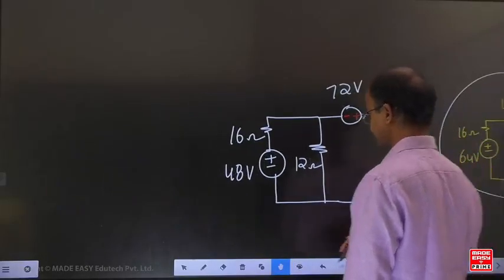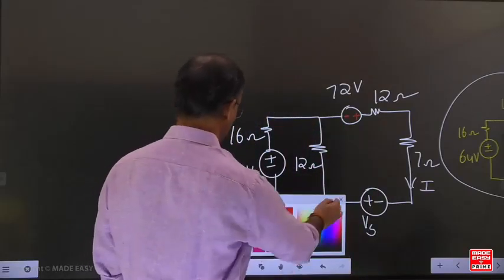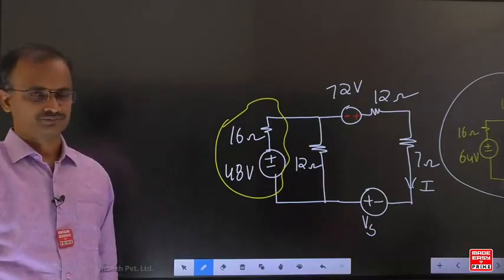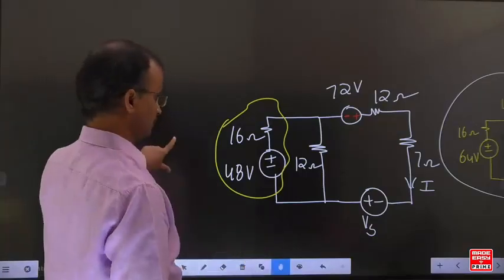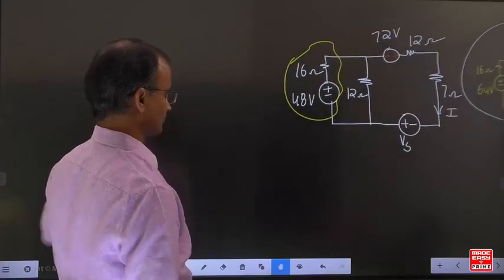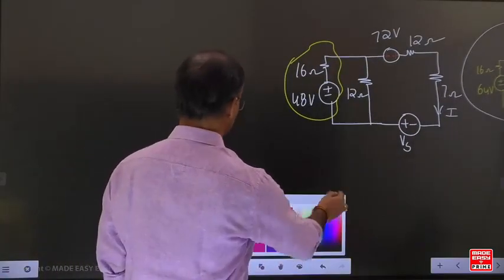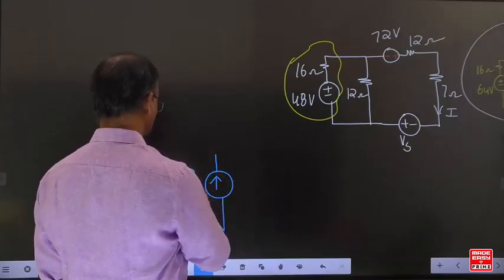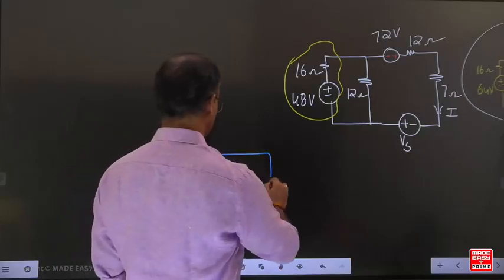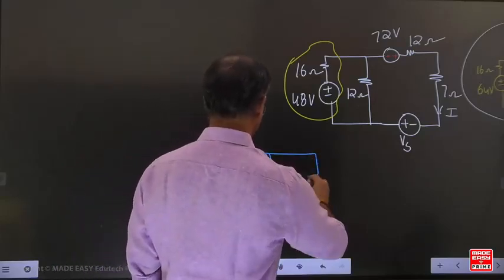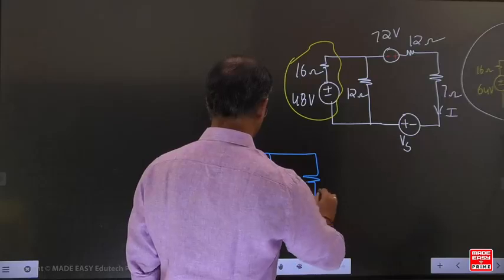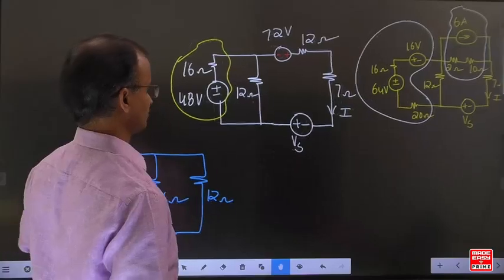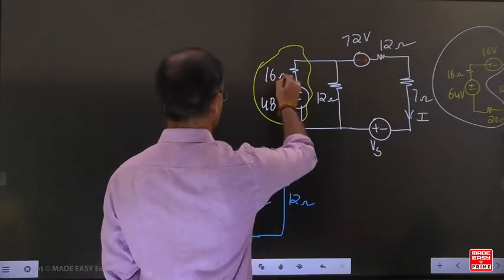Come to the next point. Again, can you convert the voltage source into an equivalent current source? 16 or 26, sorry, this is 36.